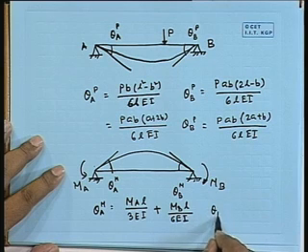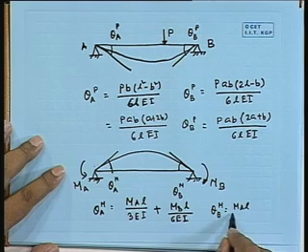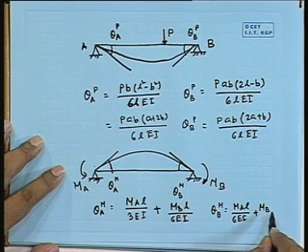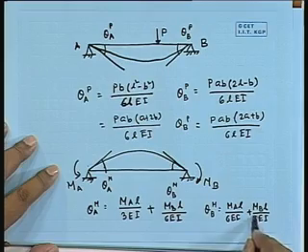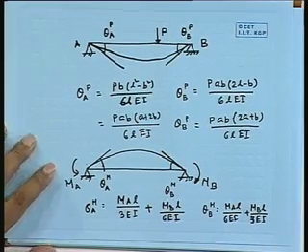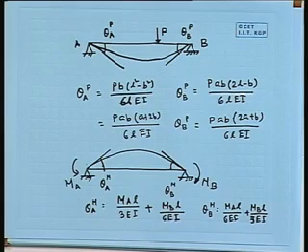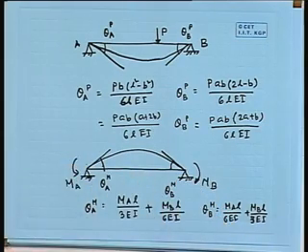Similarly, theta BM will be mal by 6 EI plus mbl divided by 3 EI. Can you see that? So it will be mal by 3 EI near end and mbl by 6 EI, coming from the moment applied at the other end, because this will be this way, this will be this way, both sides it will be just additive.